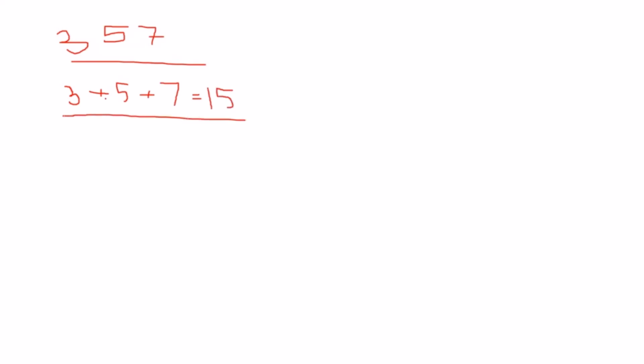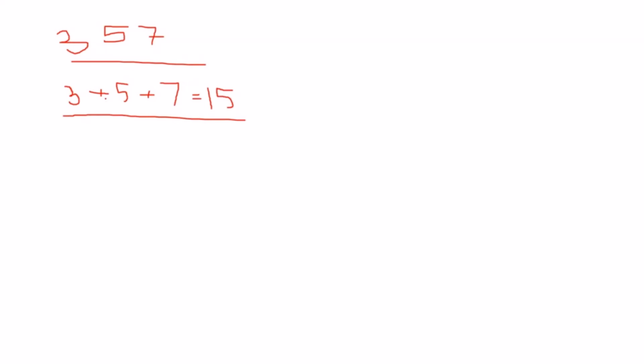How? Let us say we have this value, 3, 5, and 7. What is their sum? 3 plus 5 plus 7, which is what? 15. Okay, what do we need then, girls?